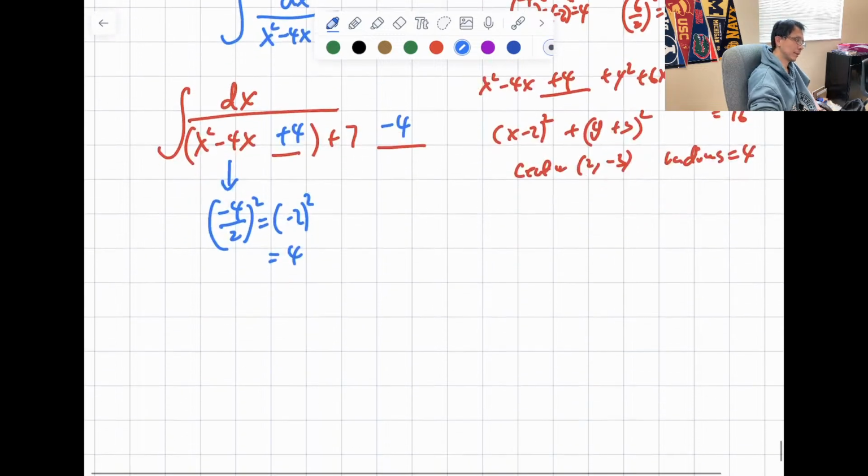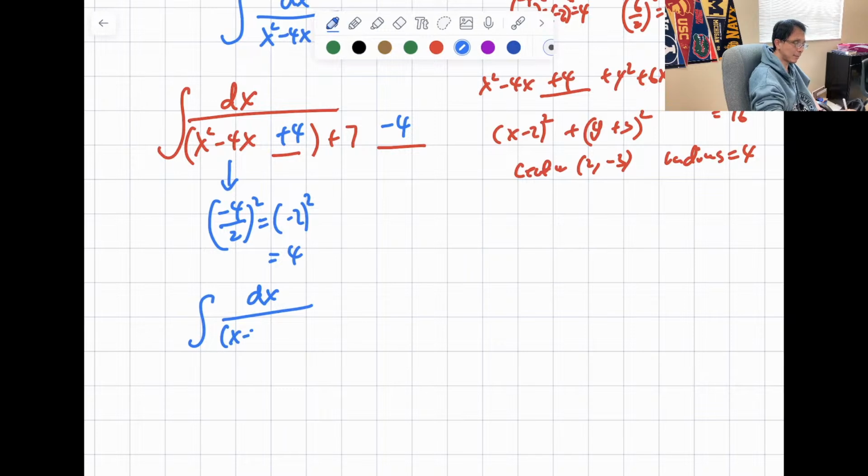-4 at the end, because if I plus 4 and -4, I go back to before. Okay, and then that's going to be dx over x minus 2 squared. Why? Because you can factor that, and here it's going to be +3. So now it becomes 2-term, and u would equal x minus 2, and a would be √3. Yep.